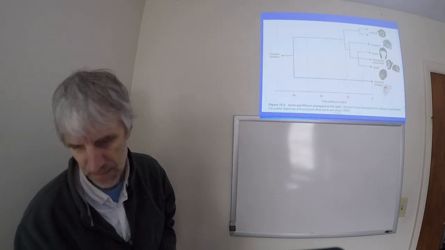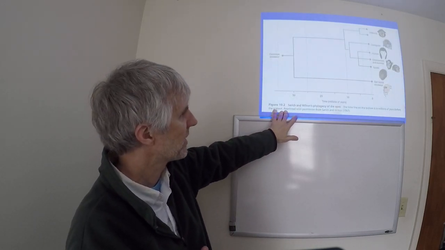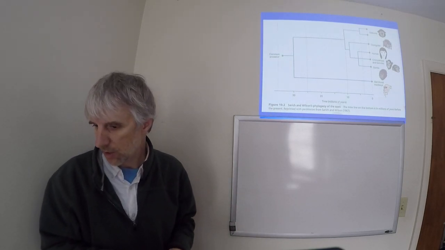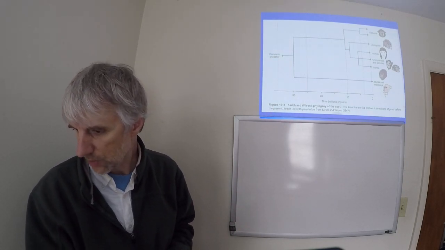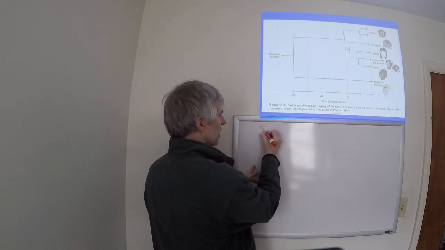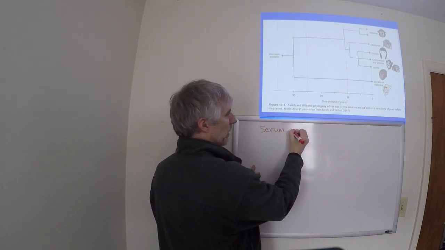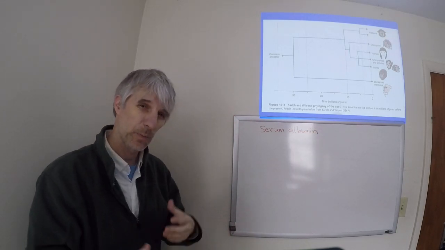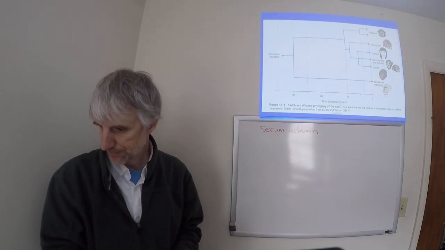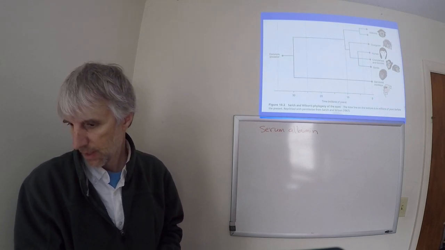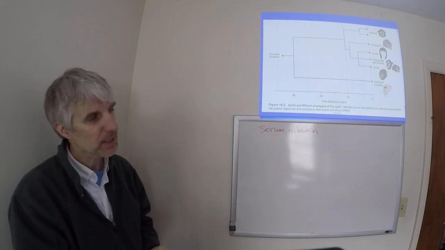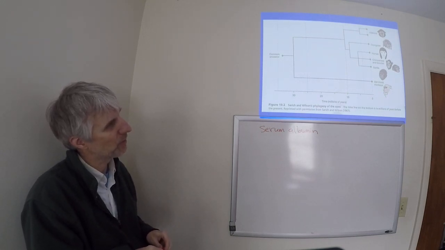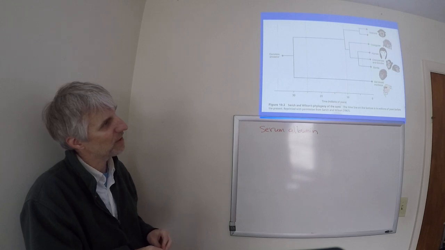So here, what we've got is the use of particular protein molecules. So this particular tree is based on serum albumin. So this is based on protein similarities. Okay? And based on similarities in serum albumin, we have the same problem.